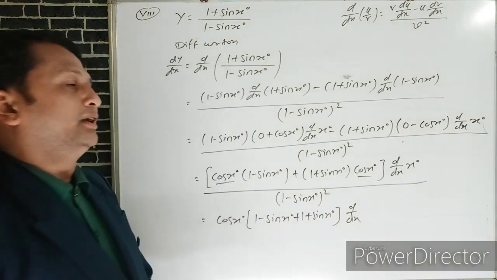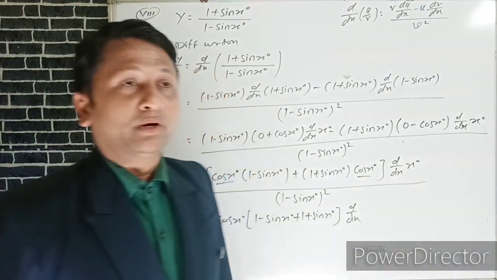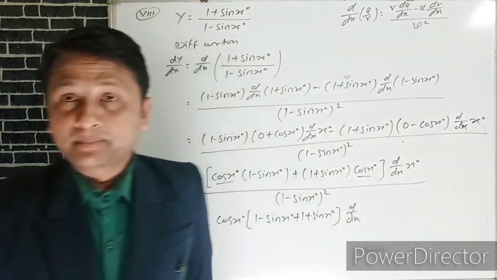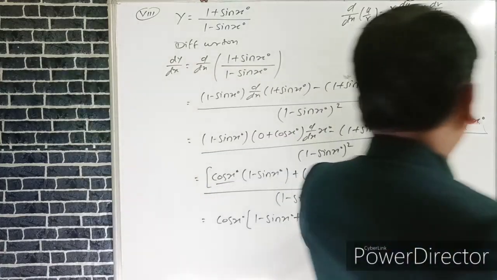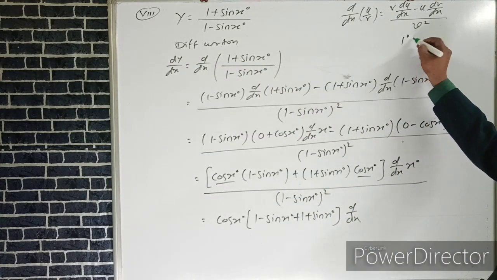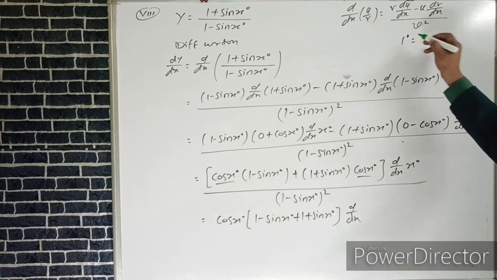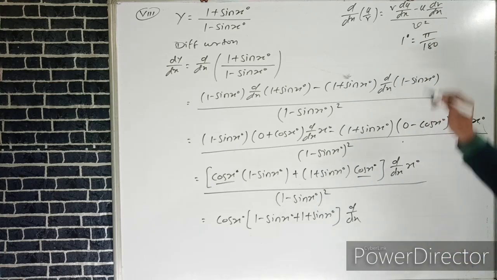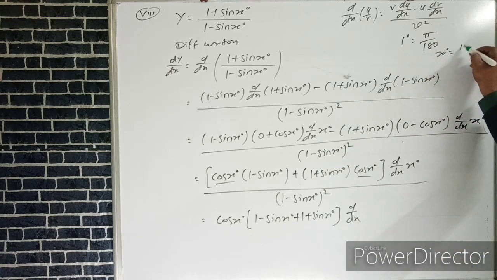We can't take the derivative of x degree, hence we convert this degree into radian. If we want to convert the terms of degree into radian, then we multiply by pi upon 180. Hence x degree converts into pi x upon 180 radian.